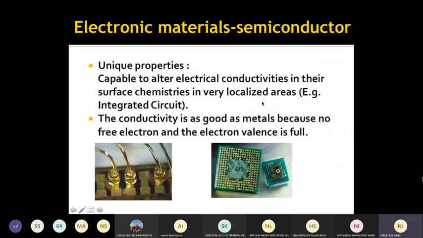And then we have electronic materials or semiconductors, capable of altering electric conductivity through surface chemistry in very close areas. So it will behave in between conductive and non-conductive. The conductivity is not as good as metal because there is no free electron and the valence electron shell is full.